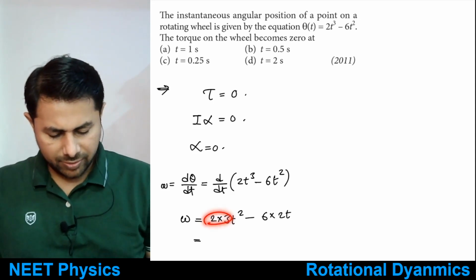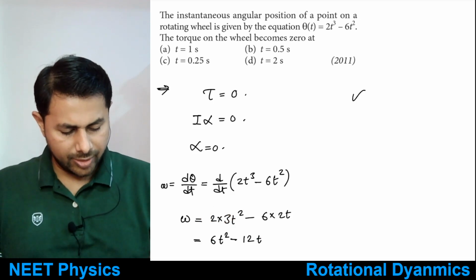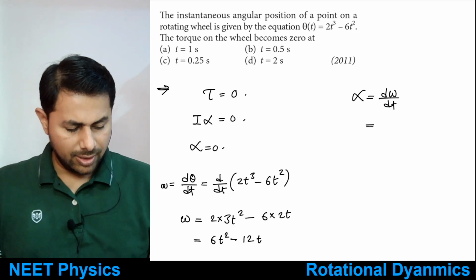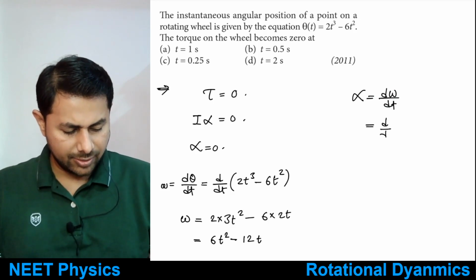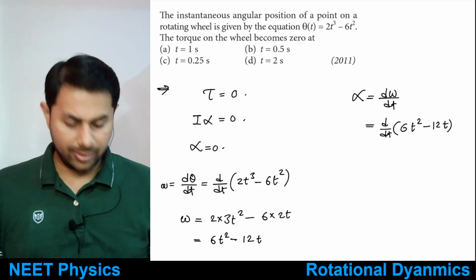Okay, so 6t square minus 12t, this is omega, but we want alpha, which is d omega by dt, and that is equal to d by dt of 6t square minus 12t.